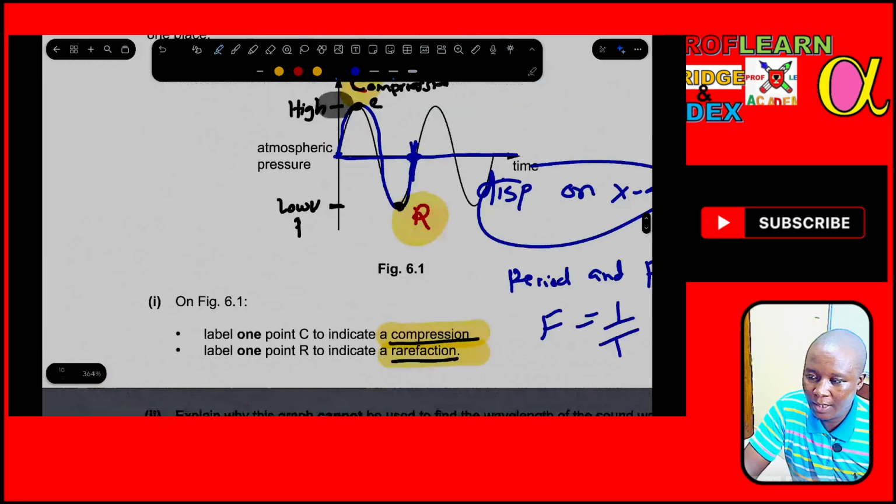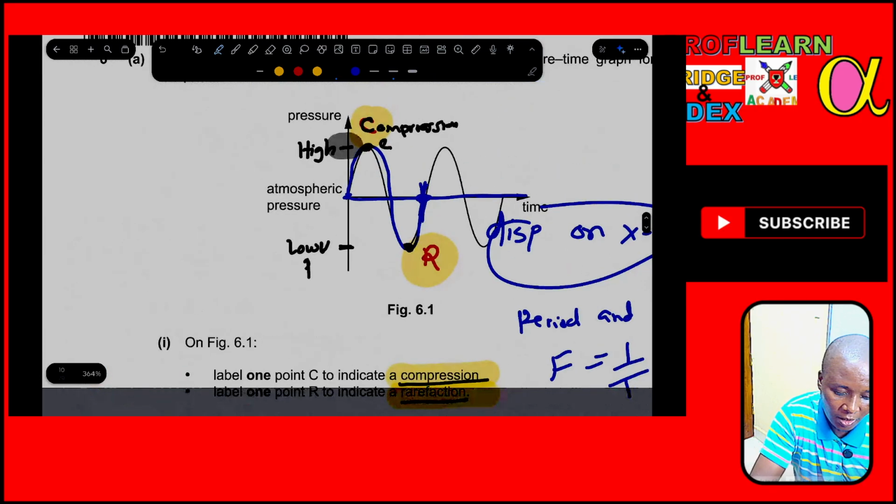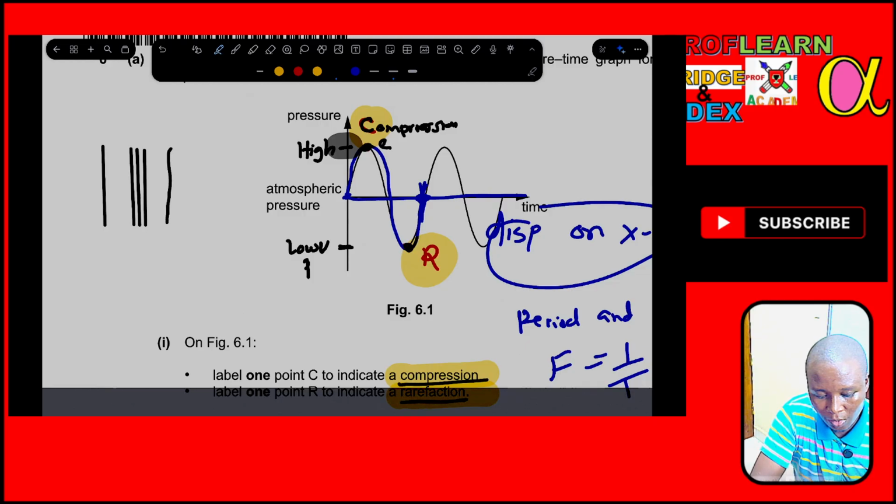This is sometimes drawn using lines. You can draw lines like that. The region where lines are very close is called compression. This region where we have the lines very close, this is called what?